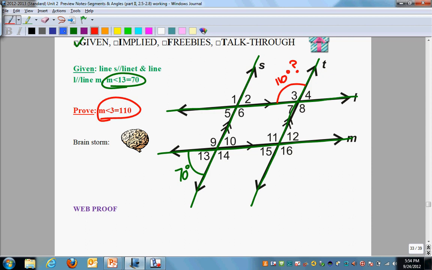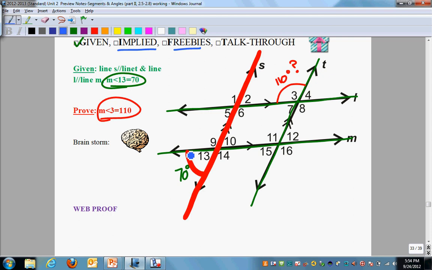Okay, so we're going to mark what's implied and brainstorm here. How do we get from one to the other? We're going to take our stir stick, and since 13's over here, we're going to lay down our stir stick. Let's just work that and see what we can find with implied and freebies.